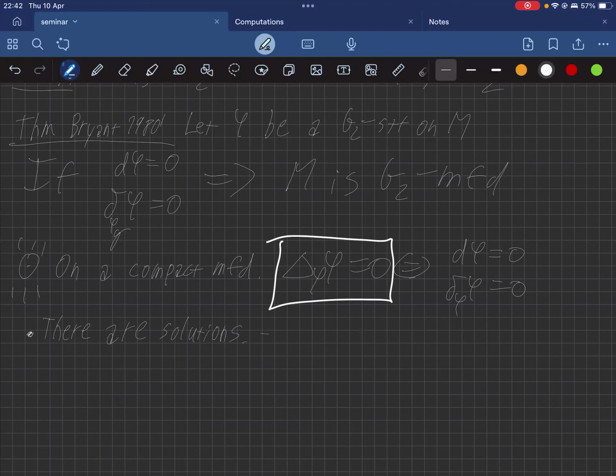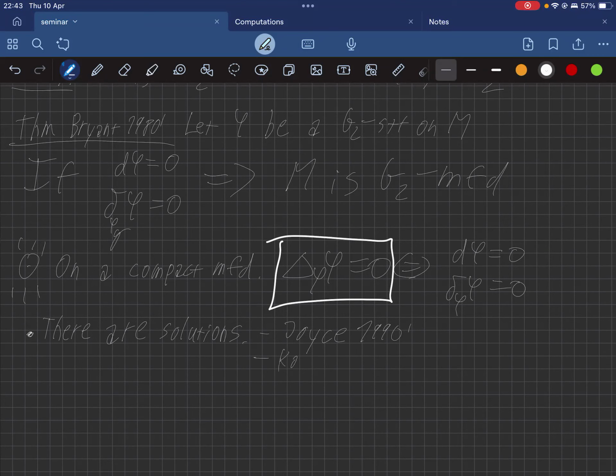And this was shown by Dominic Joyce in the late 1990s. He showed that there are compact examples of G2 manifolds, which, as we now know, is equivalent to saying that they are harmonic 3-forms, but harmonic with respect to the induced metric.